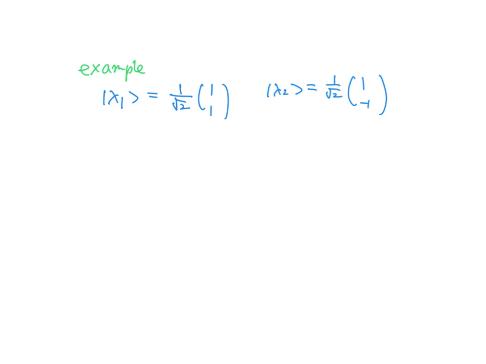Lambda 1 is 1 over square root of 2 times (1, 1), and lambda 2 is 1 over square root of 2 times (1, minus 1).